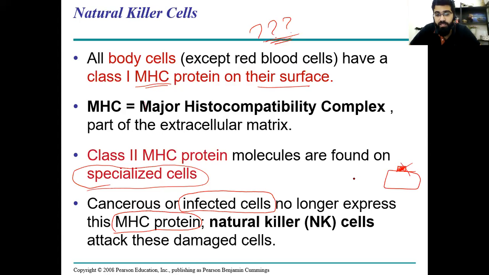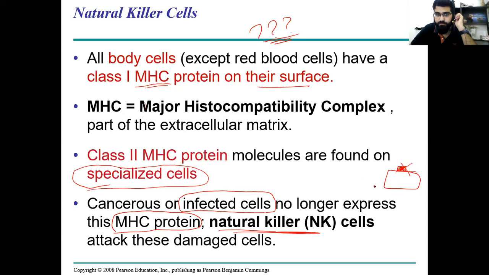So there are cells called natural killer cells, NK cells. These cells kill any cell in the body that has no MHC protein, except red blood cells, as we said. Again, the natural killer cells destroy the infected cells or the cancerous cells which no longer express MHC protein on the surface.